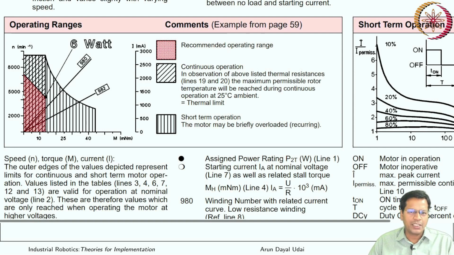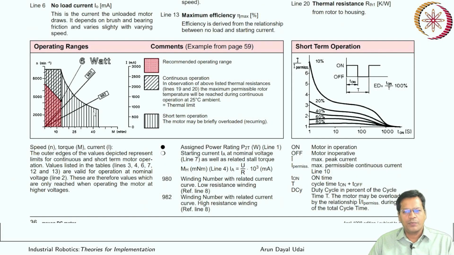This is the operational region, recommended operating range, and for continuous operation you should be somewhere within this area over here. Okay, and this is short term operation. Yes, you can go here also if it is for short term operation. Okay, so this is very useful information. So intermittent operation, like in case of a robot also, you can be very safe over here also.